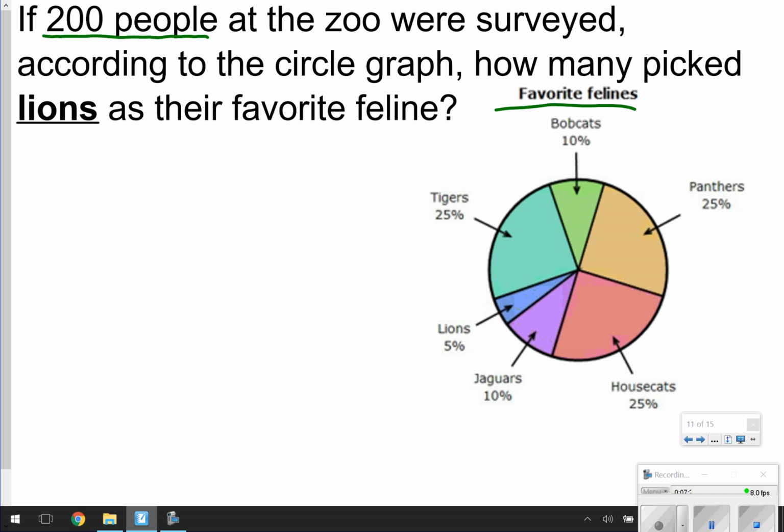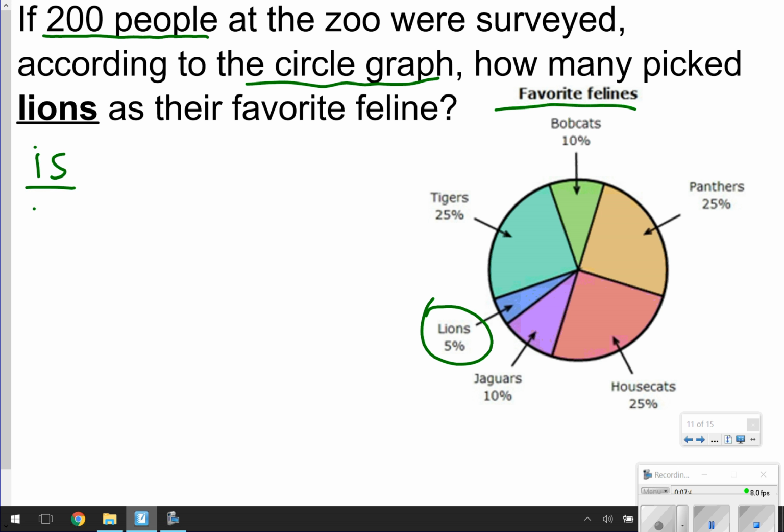Now, nowhere in this word problem does it tell us the percentage of lions, but what I do have to look at is, according to the circle graph, which means I've got to look at the circle graph. Notice that we've got all of these felines here, but lions is the one we need to focus on because that is the question that's being asked. How many picked lions as their favorite feline?